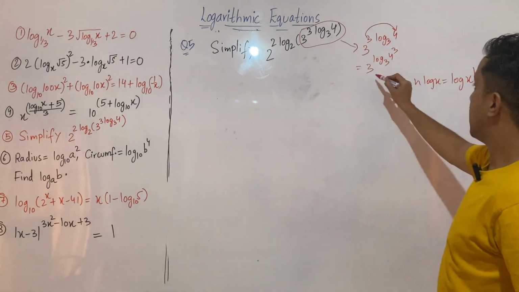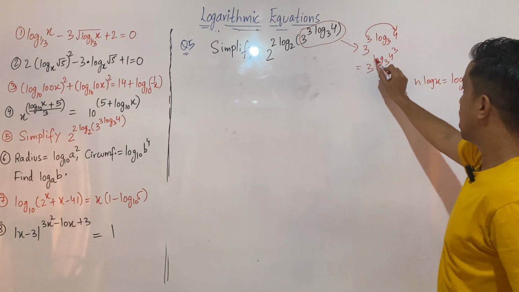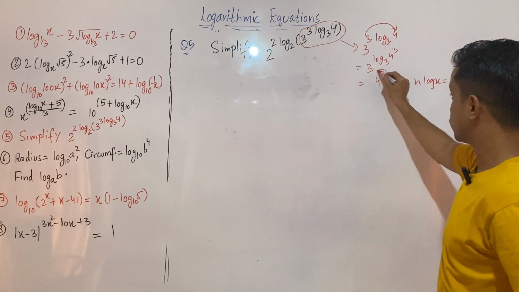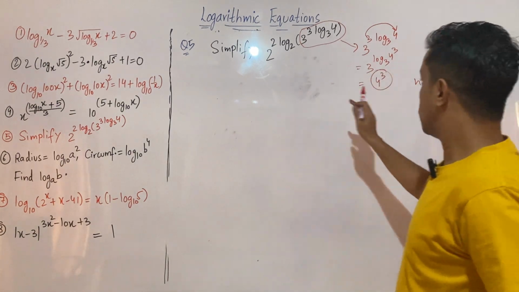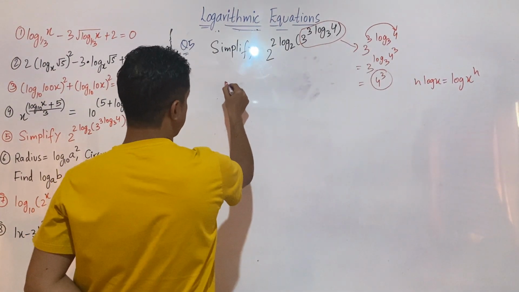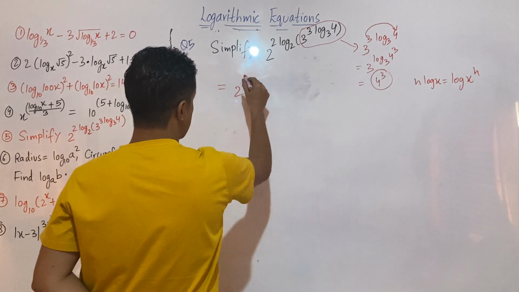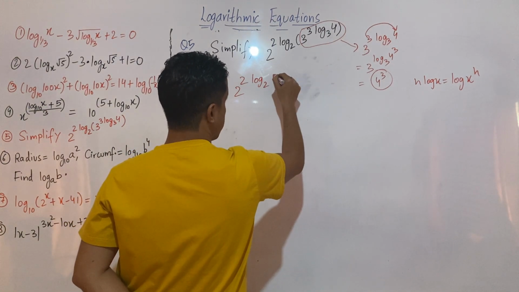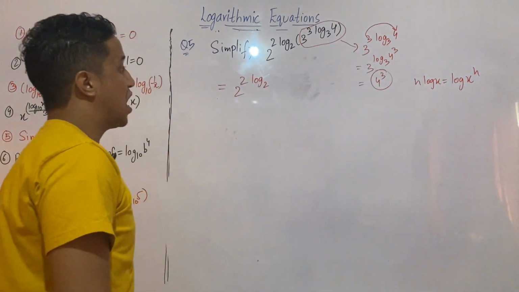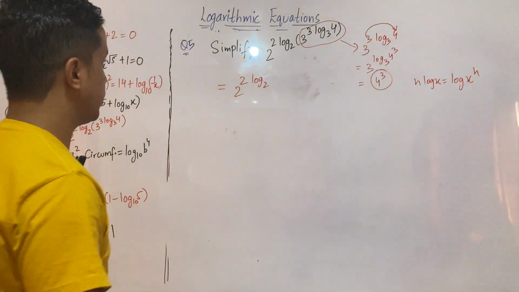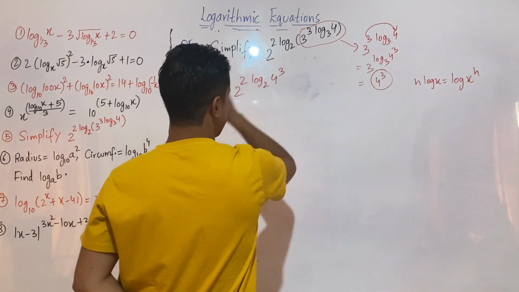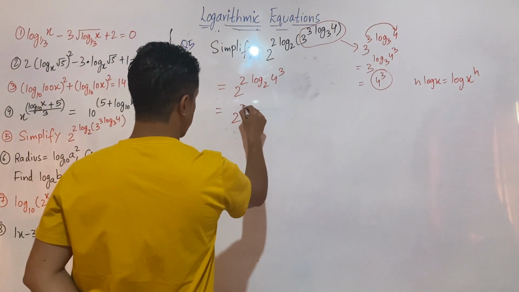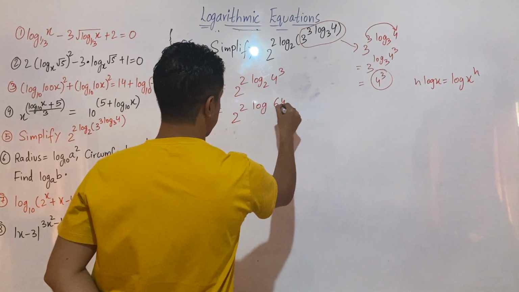That's what I did here. Now this is a raised to exponent log b base a, which is b, so here it's going to be 4 raised to power 3. So this will be simplified to 2 raised to power 2 log 2, and here 4 raised to power 3. So in short, it is going to be 2 raised to power 2 log 64 to the base 2.